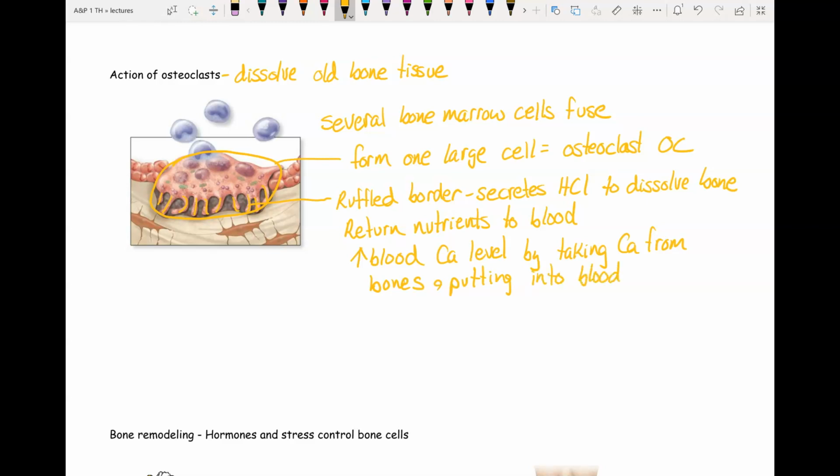So one of the main ideas here is that osteoclasts increase blood calcium level.